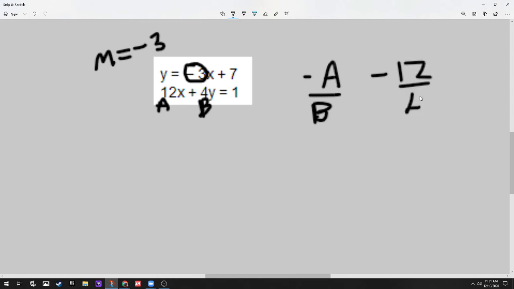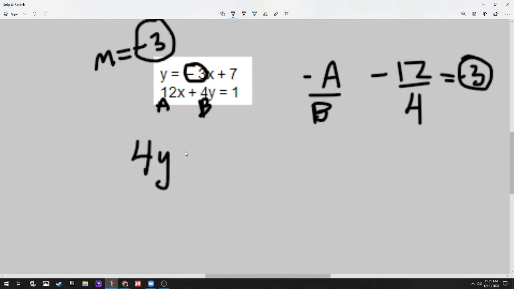B is 4. -12 over 4 is -3. These are the same slopes. Now, the one thing to be careful of is the slopes are the same. That means they could be the same line. So one way we can check this is to completely solve this second one out. We can subtract the 12 from both sides.